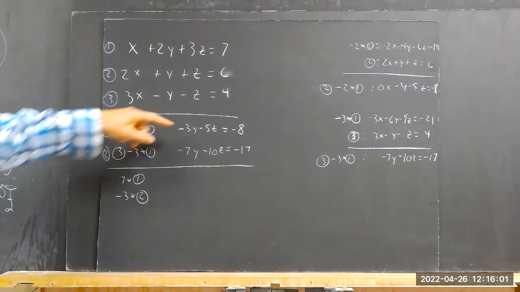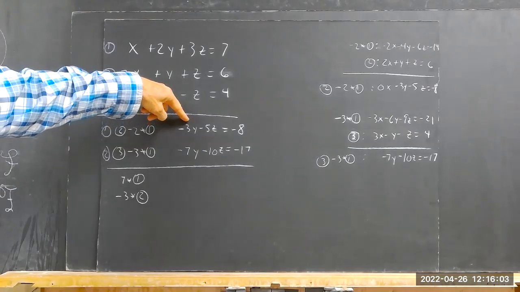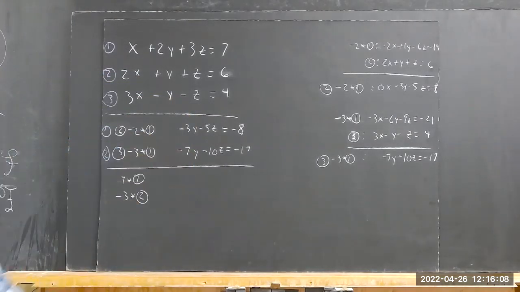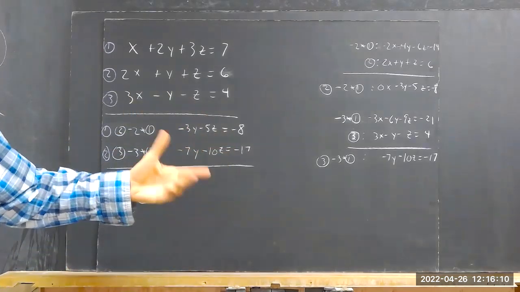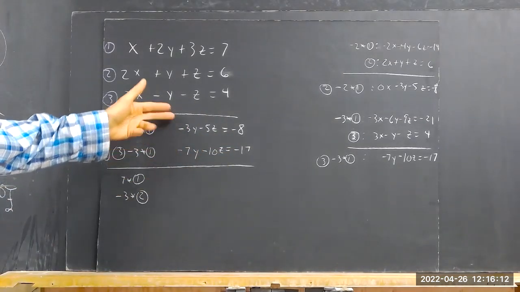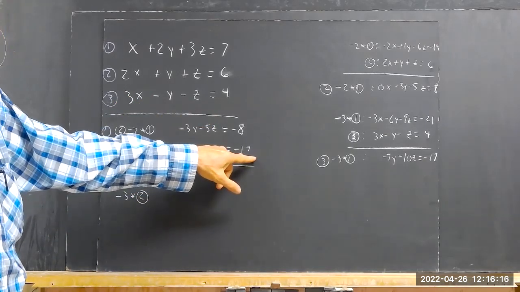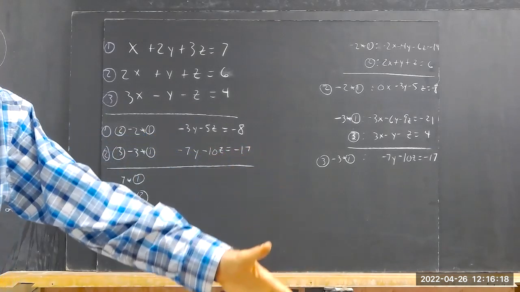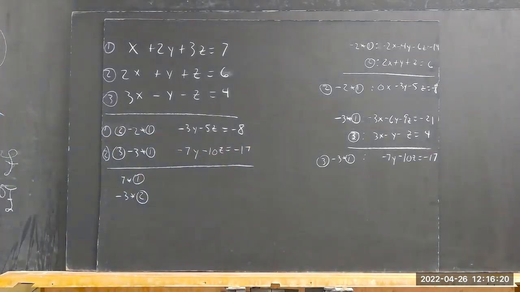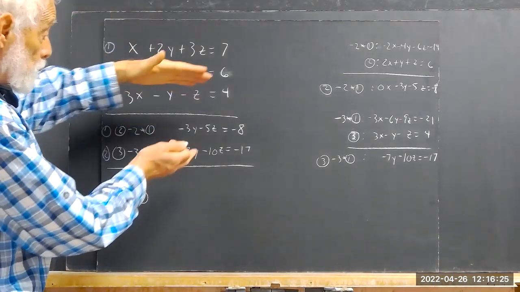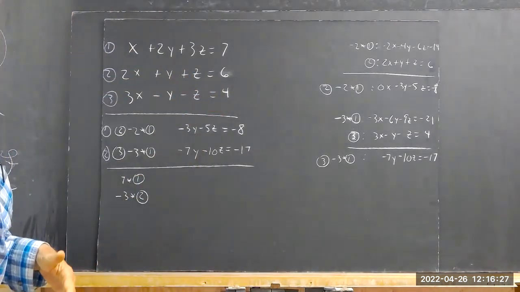Because 7 times my -3y gives me -21y, and -3 times -7 gives me +21, so I'd have a +21y. And that's going to work out. My y's are going to go away. When I add these up, I get some multiple of z equals some number, and I can easily solve for z. So I've taken 3 equations, eliminated the same variable from 2 of them. Now I've only got 2 equations and 2 unknowns.